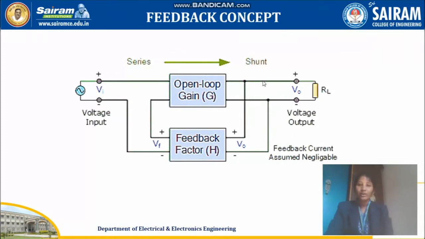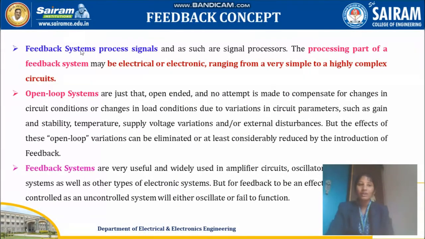So here you are going to take the processing signal, that is, the quantity which is varying at the output, as a feedback signal. So the feedback system is nothing but a signal processor that takes the feedback as a process signal. The processing part of the feedback system may either be electronic or electrical, ranging from very simple to highly complex systems.